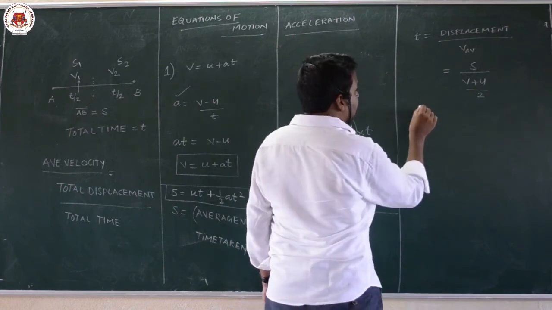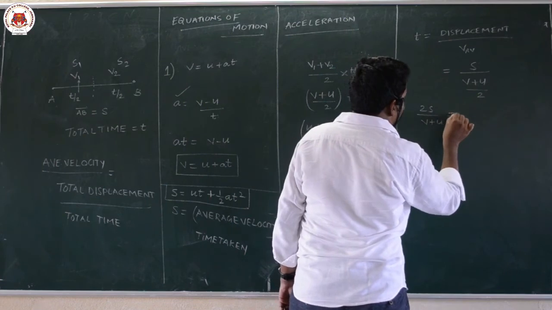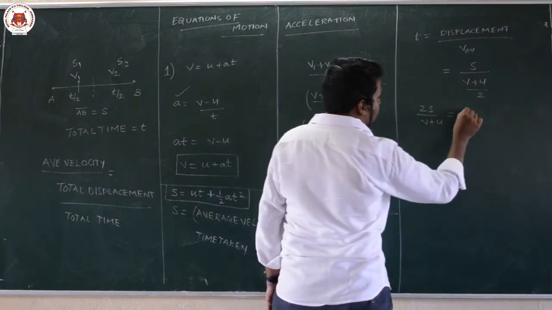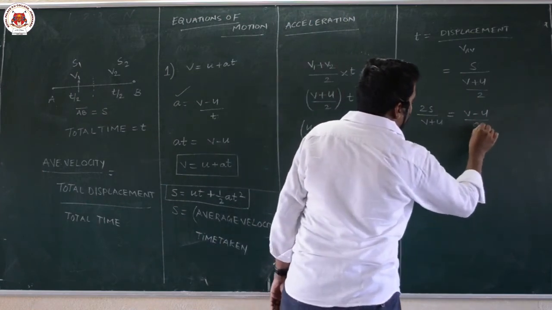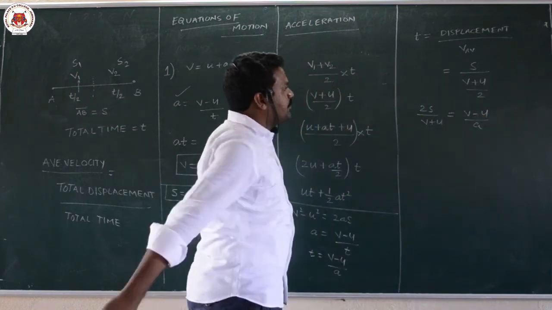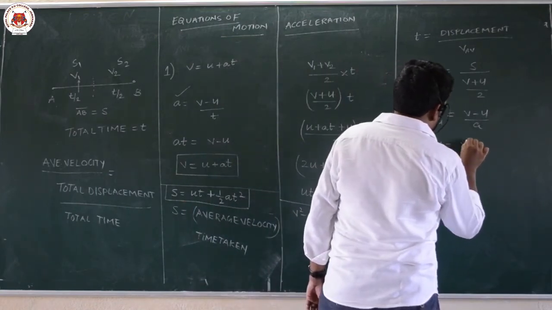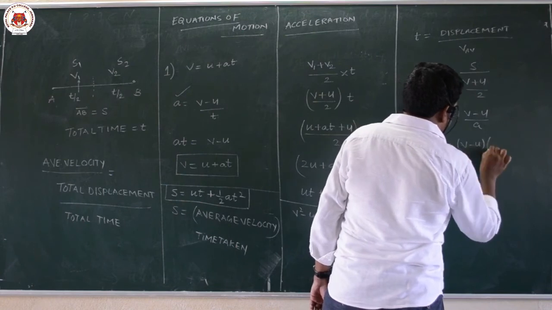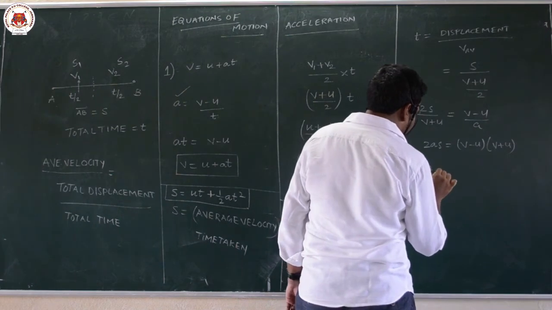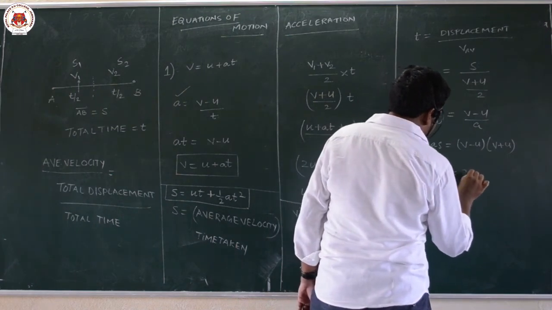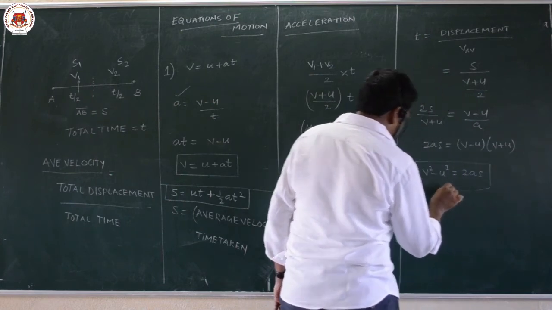So 2s by v plus u I can equate to v minus u by a. Now cross multiply: 2as is equal to v minus u into v plus u. So you can write it as v square minus u square is equal to 2as. This is the third equation of motion.